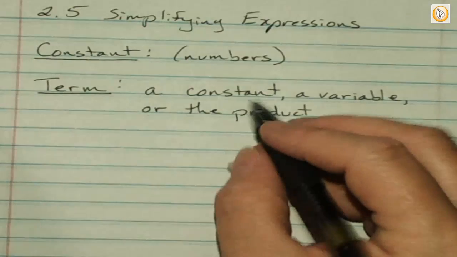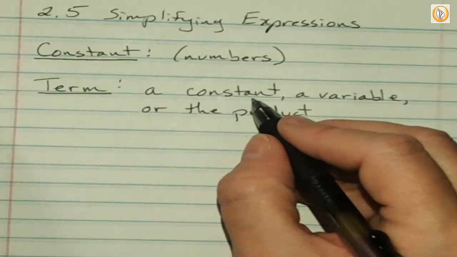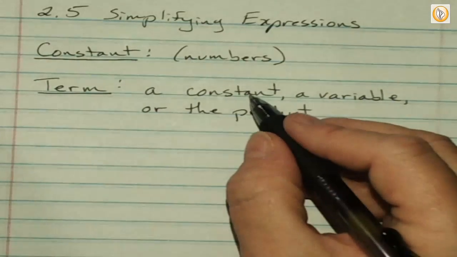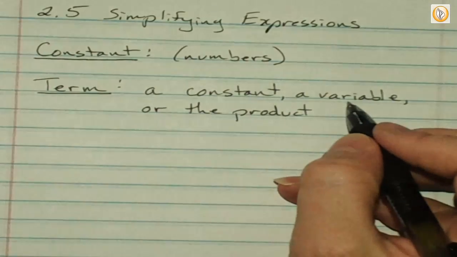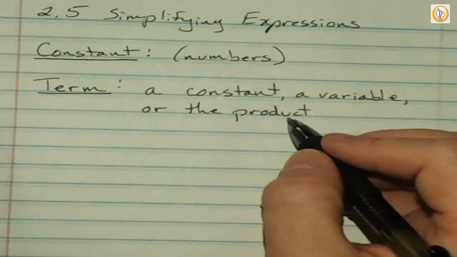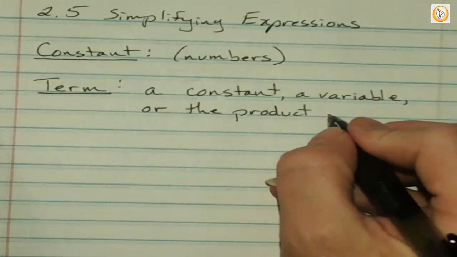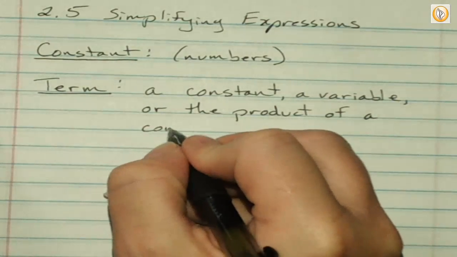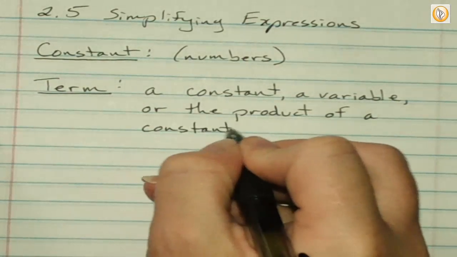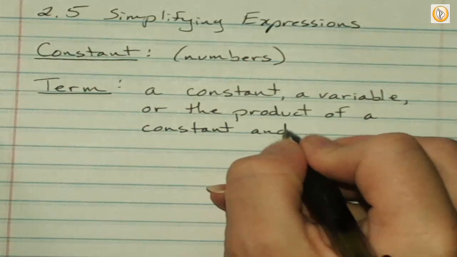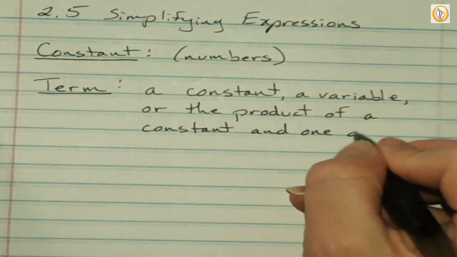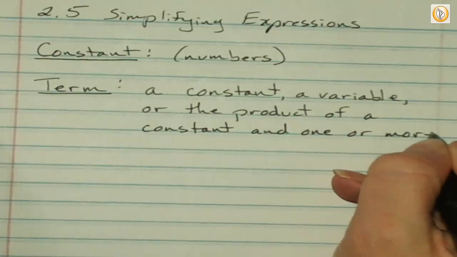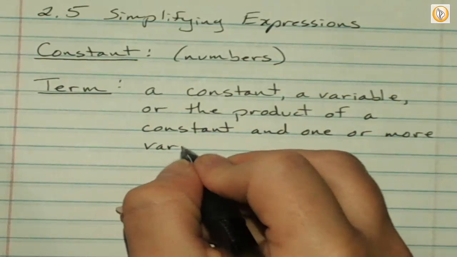Very good. So a term is a constant, a variable, or the product, meaning multiplication, of a constant and one or more variables.